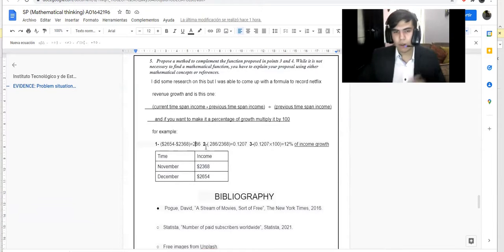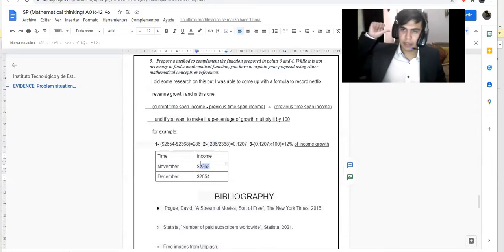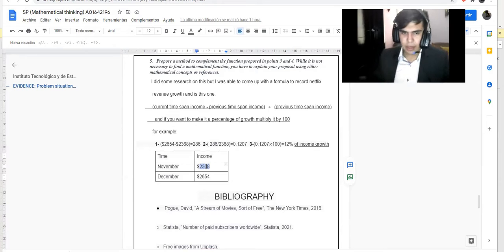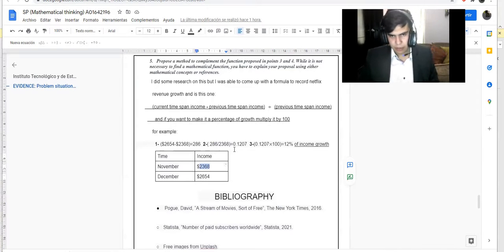The second part of this formula is to divide $286 by the last span income, that is November, $2,368, which leaves us with this result, 0.12 and 0.07.